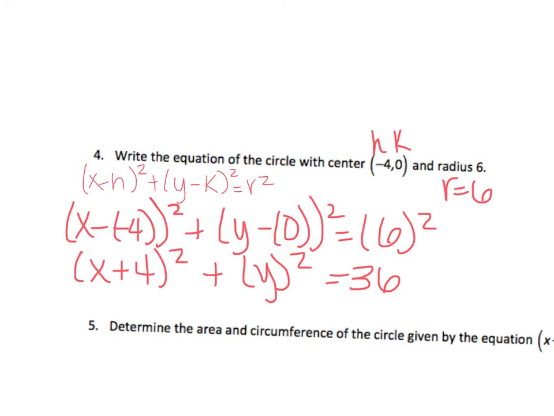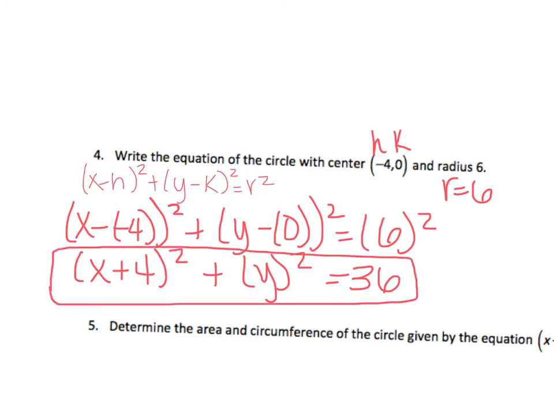And that is it. This is your equation of your circle. You're not going to distribute anything. You won't FOIL anything out. That's your equation of your circle. Okay, so you can see, like we talked about before, your center of your circle was negative 4, 0, but when it came to the equation, it's going to be opposite those values with the positive 4 here.